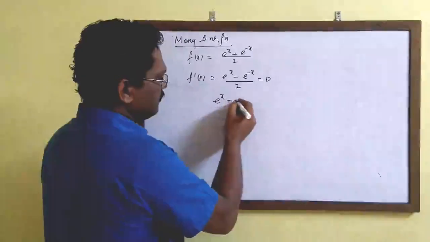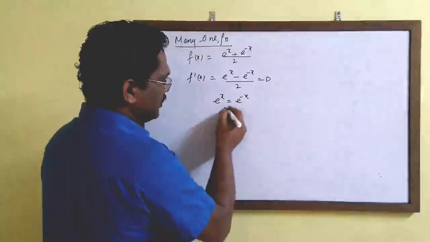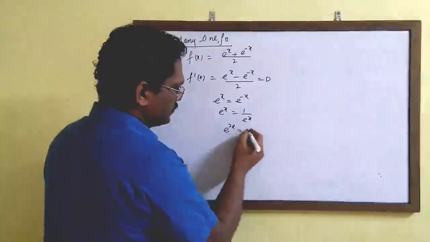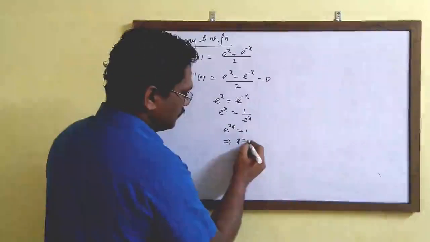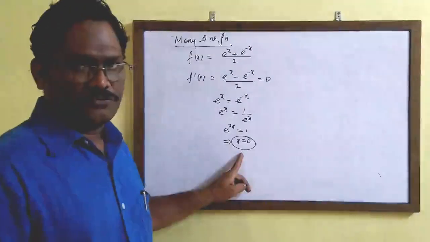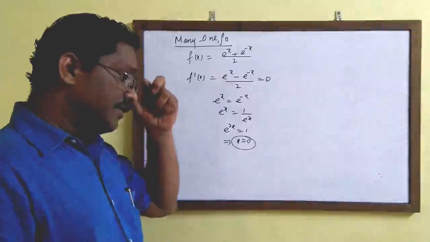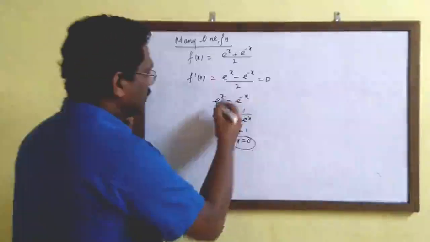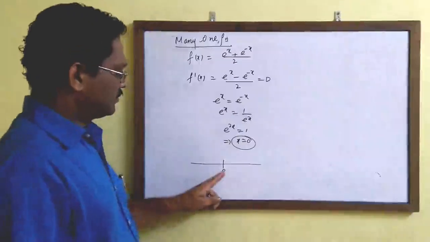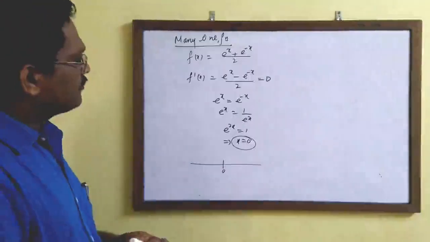So e to the power x equals e to the power minus x, and e to the power minus x is 1 by e to the power x. So e to the power 2x is 1, so x equal to 0. See, f dash x equal to 0 is giving me a real solution. Now I need to check the sign of f dash x across 0. Now what is the value?